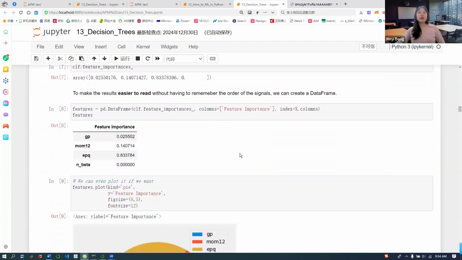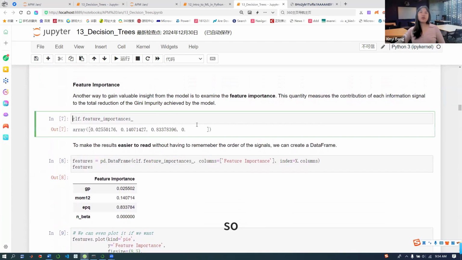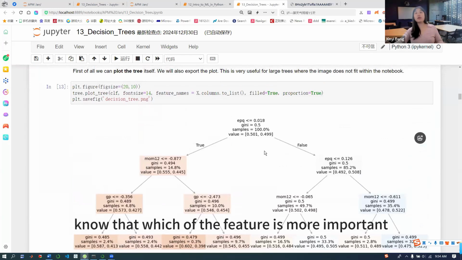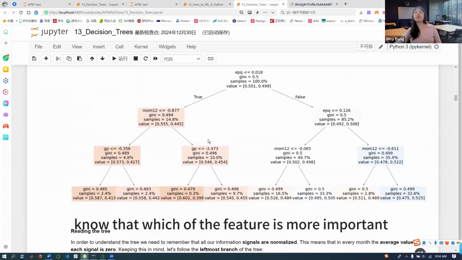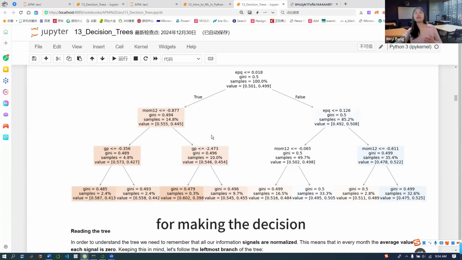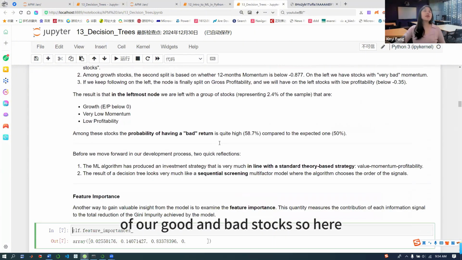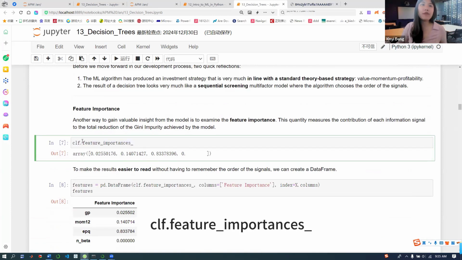And then we also have to decide the feature importance. Naturally, we want to know which of the features is more important to our model, right? So which feature is more important for making the decision of our good and bad stocks? Here, luckily, we can just directly use clf.feature_importances_.